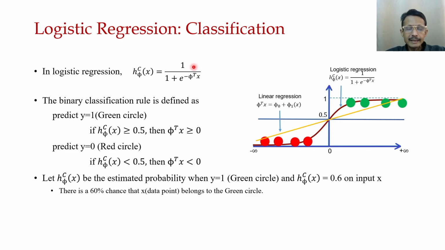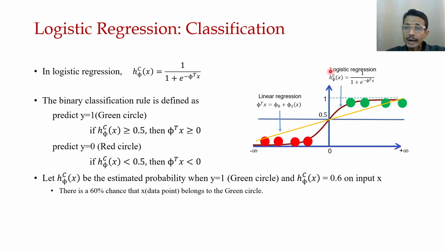Now let us see a bit mathematically what this means. In logistic regression, the hypothesis function looks like 1 by 1 plus e to the power minus theta transpose x.